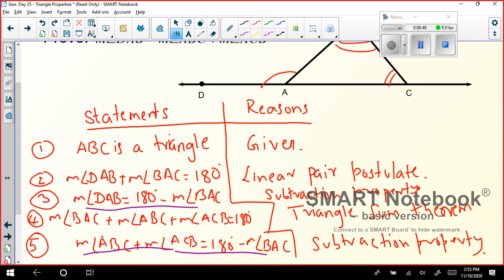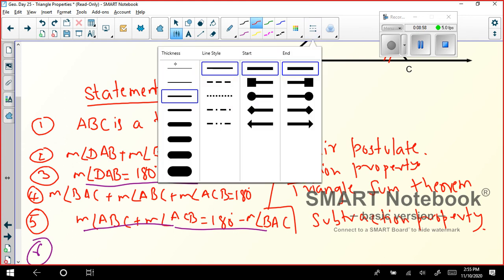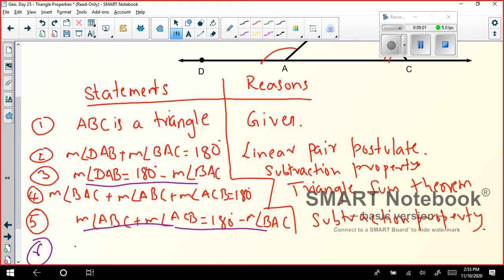I can use the substitution property and get the final step of the proof, that is measure of angle DAB equals measure of angle ABC plus measure of angle ACB. This was by the substitution property.